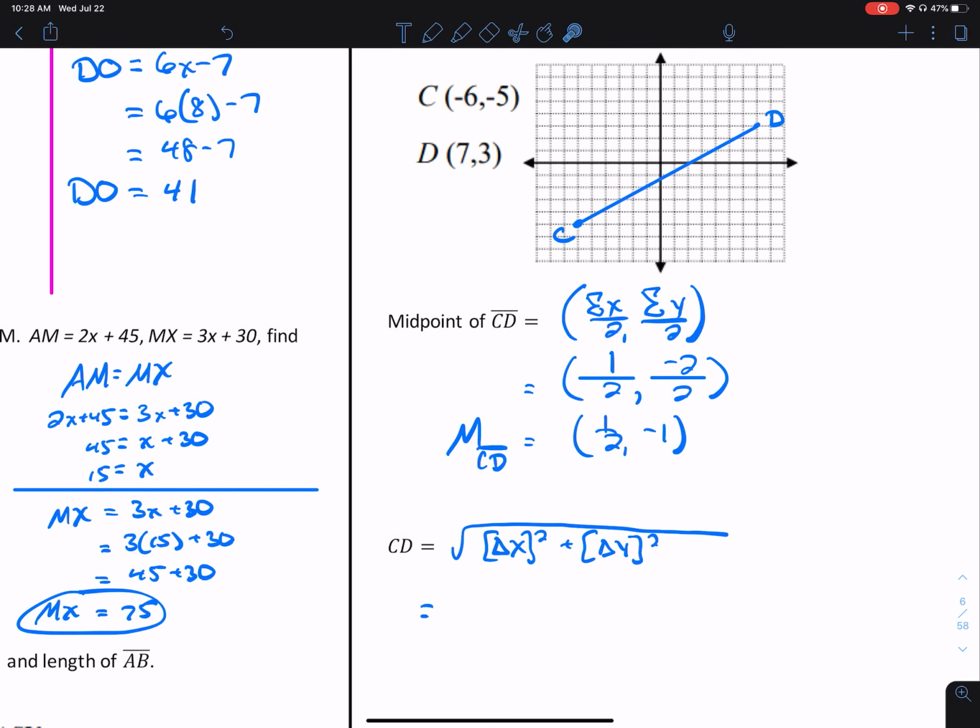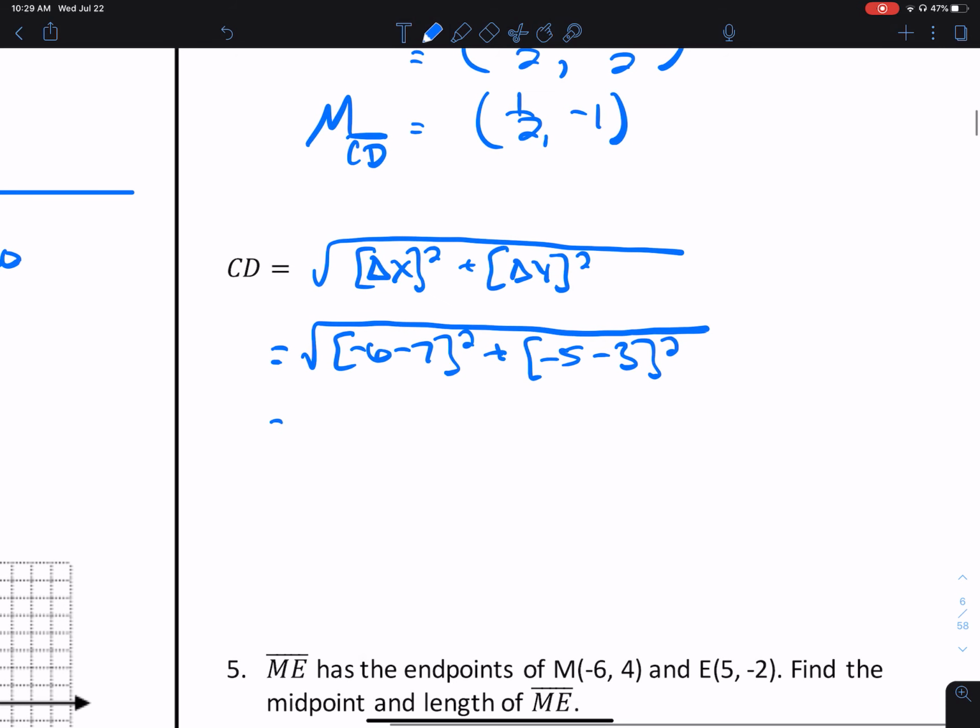If I take these x values and subtract them, I'm going to write this out because subtraction is much more difficult than addition. -6 minus 7 squared, and -5 minus 3 quantity squared. -6 minus 7, that's -13. -5 minus 3 is -8.